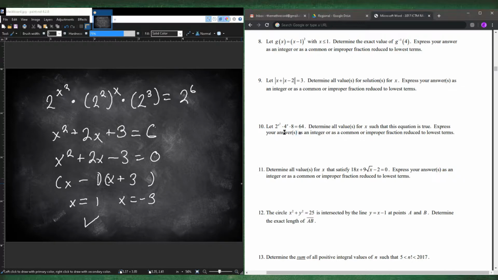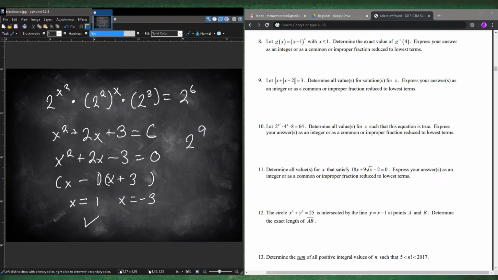Okay, so x is equal to negative 3. So 2 to the power of negative 3 squared, that's 2 to the 9. So 2 to the power of 9 times 4 to the power of negative 3, which is the same thing as 2 to the power of negative 6.